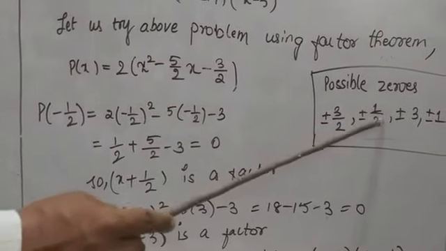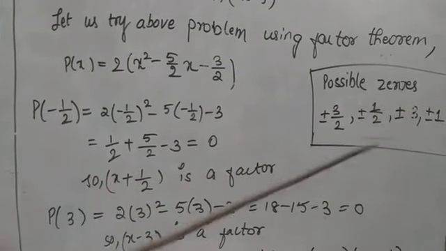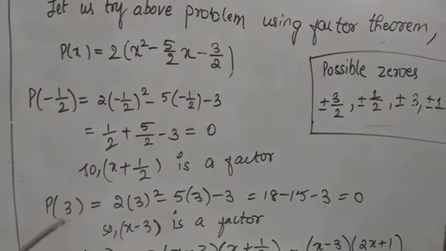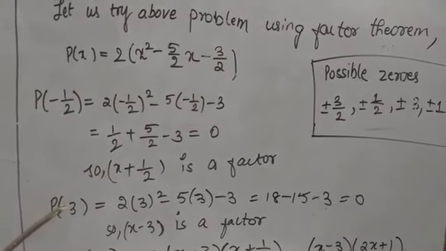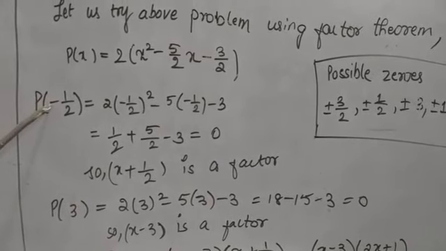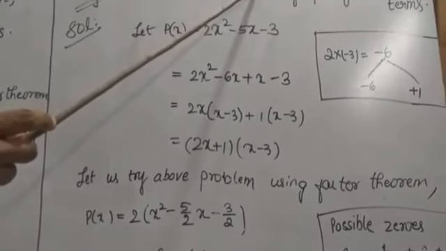Since 1 by 2 is a factor, in combination to get 3 by 2, you need only 3. So therefore, I have chosen P of 3. You may have a doubt here: Sir, why have you taken plus 3 instead of minus 3? Here it is possible for minus 1 by 2, and in the given polynomial you have minus 3.